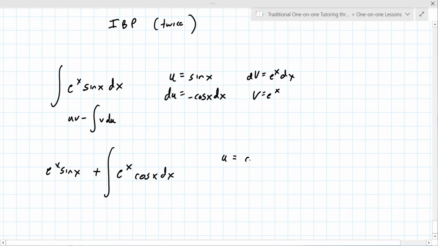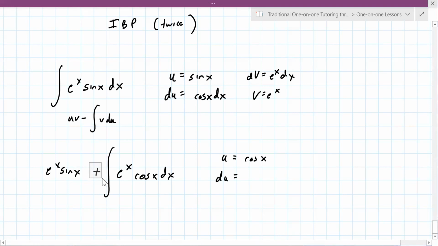U is cosine x. Du is now, I'm sorry, I made a mistake. Derivative of sine is cosine, and that changes this right here. Okay, now we got it down. Derivative of cosine is minus sine x. dv is, again, e to the x dx. So your v is e to the x.